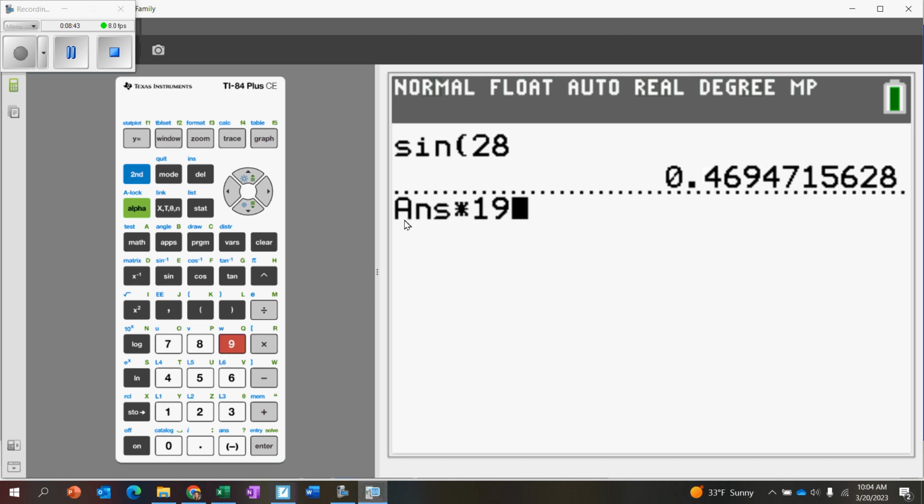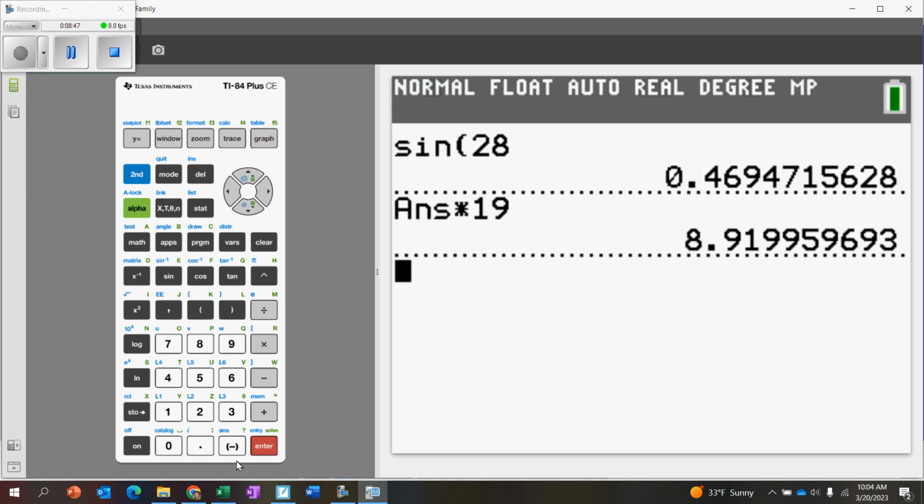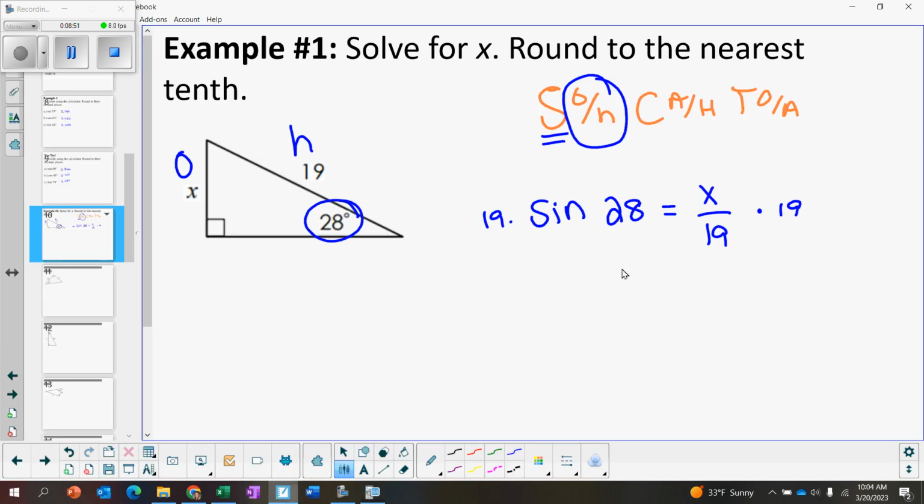When I hit times, it kept Ans, it knew my previous answer. And I get 8.9 as my final answer here. So x equals 8.9. Even though we've been rounding before, I'm going to keep the whole thing in the calculator and then just multiply by 19.